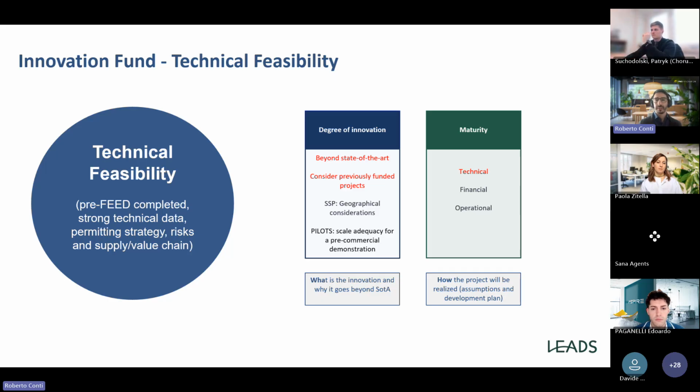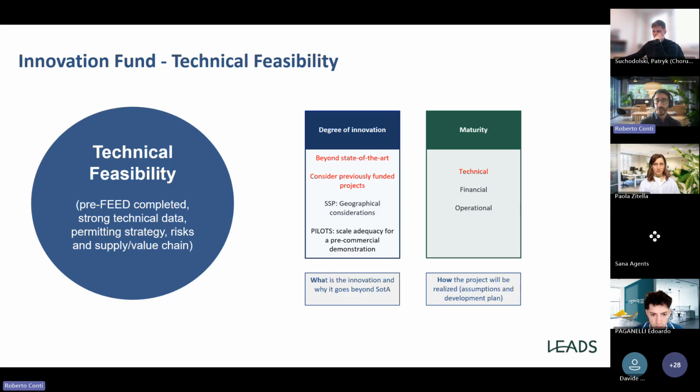So the technical feasibility addresses 2 evaluation criteria, the degree of innovation and the level of maturity, especially the technical and the operational one. These 2 criteria answer the questions what and how.